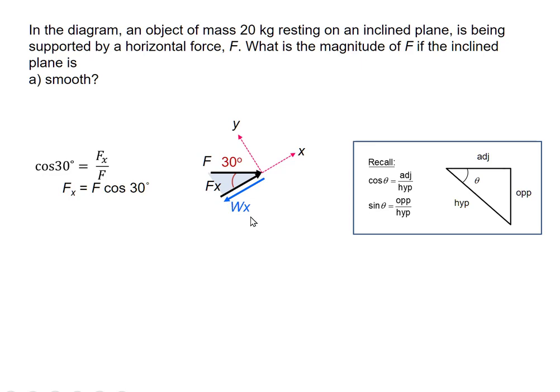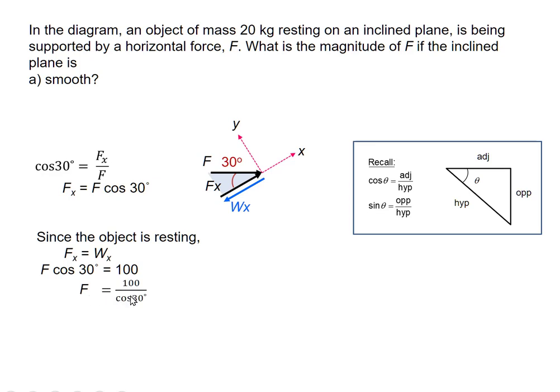So therefore, if the object is resting, as indicated in the question, we will then have Fx to be equals to Wx. So let's substitute the expression and the values. So Fx is F cosine 30 from here, and Wx you found earlier to be 100. Therefore, F is then found to be 115 newtons, correct to 3SF.